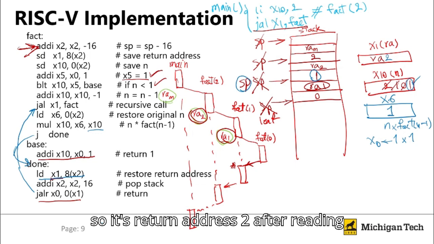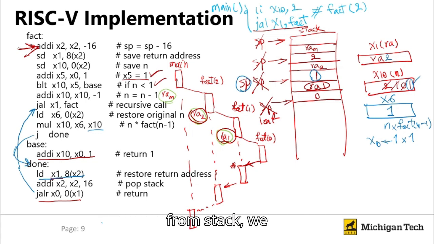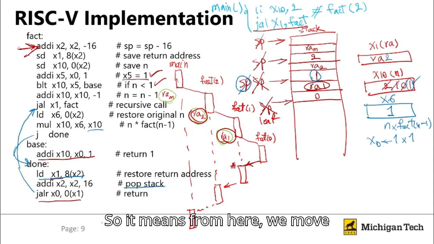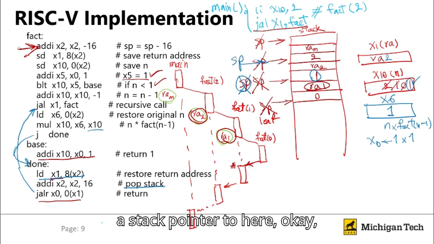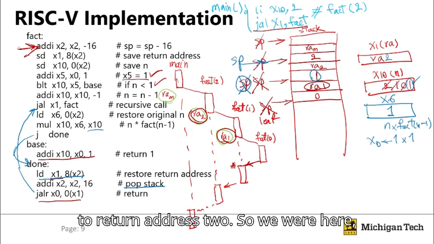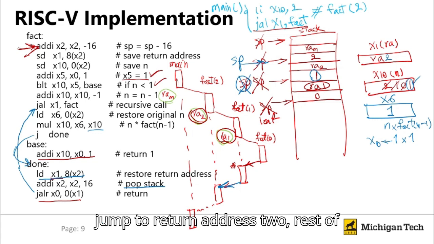After reading from the stack, we pop the stack and deallocate it. So we move the stack pointer to here and jump to return address 2. So we were here, jump to return address 2, the rest of factorial 2.